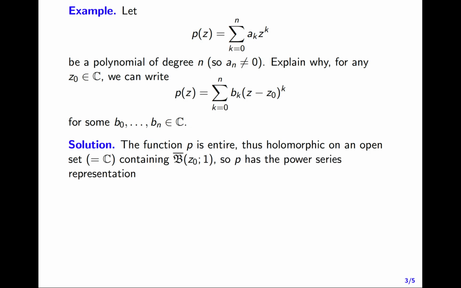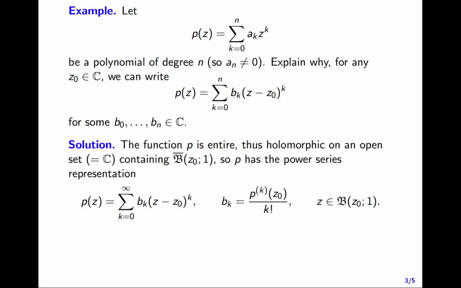And so p has a power series representation at this point z0. We can write p of z as the sum from k equals 0 to infinity of some coefficients b_k times z minus z0 to the power k. And specifically, we know that b_k is equal to the kth derivative of p at z0 divided by k factorial.